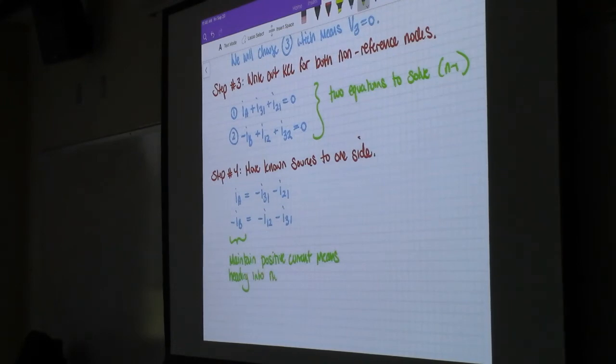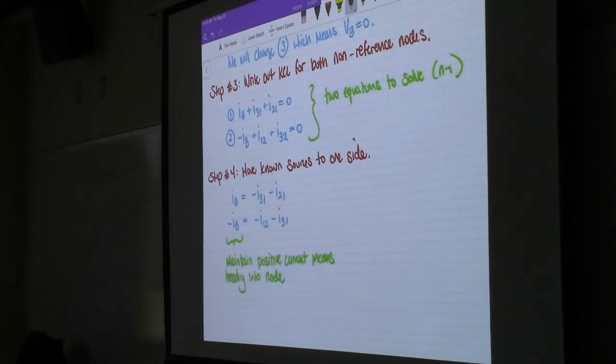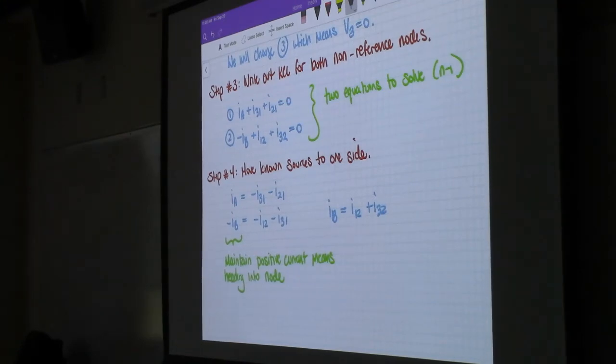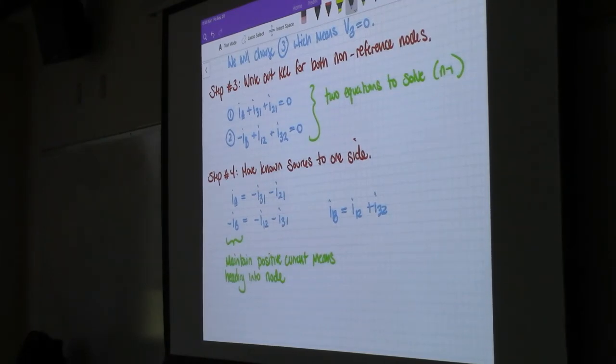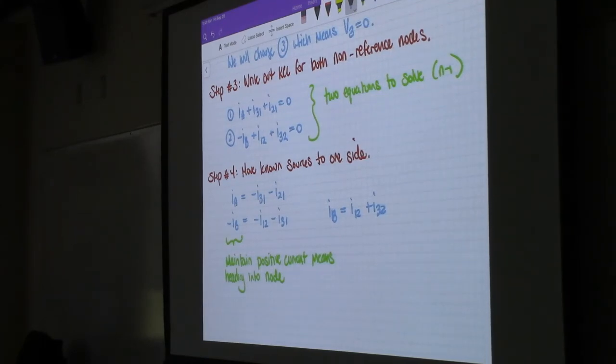into the node. Because if you look, I could have taken this second equation, I could have said IB is equal to I12 plus I32, right? Which at first, it's like, well, that looks nicer, right? There's no negatives. But the reason why I want to keep it this way is because later on, we're going to learn a method of doing nodal analysis where we don't write down the equations at all, which is going to be called nodal analysis by inspection.